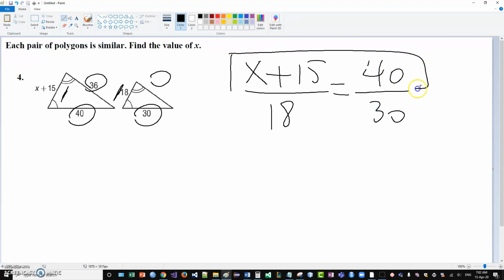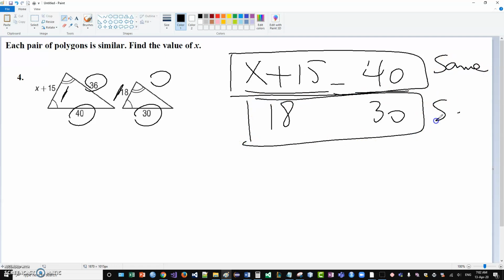Remember, these two are in the same polygon and these two are in the same polygon. Now let's cross multiply.